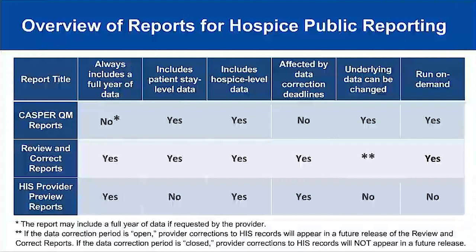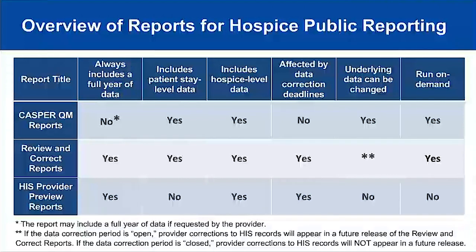Some of the other reports do observe those data submission deadlines, and we have to do that for practical purposes, so that we can do a whole host of processing prior to public reporting. However, with these particular reports, we've decided not to impose those data correction deadlines so that we can really allow you to see your true data scores as you move along.